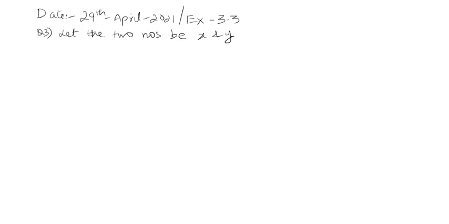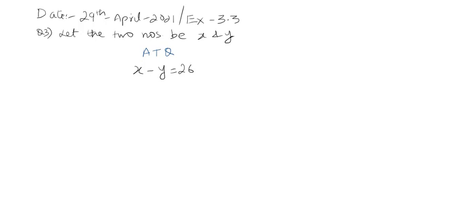So now after writing this, we'll write according to the question. According to the question, if I subtract these two numbers, I'll get 26, because they are saying the difference between the two numbers is 26, and the second thing they are saying is one number is 3 times the other.